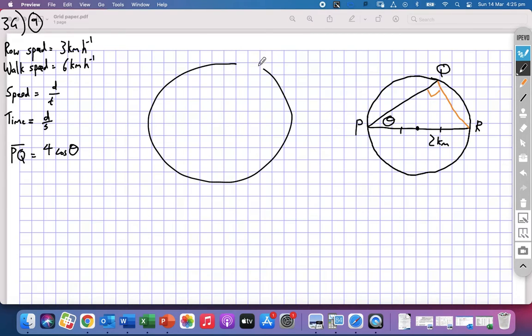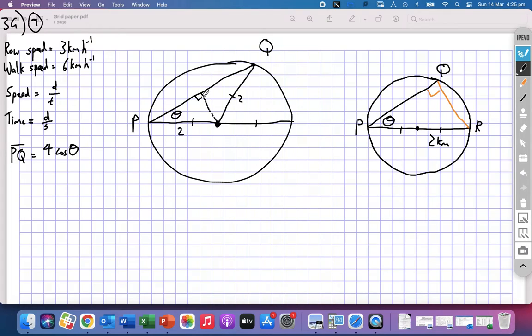Now if you didn't know that little rule, you can still work it out. I'll draw another circle, put in a diameter. We want P to Q. There's the center of the circle. You've got this line already drawn in. You've got this angle. So what you could have done is say, well, that radius is 2. You could have put in another radius, 2. Then you could have said, that's an isosceles triangle.